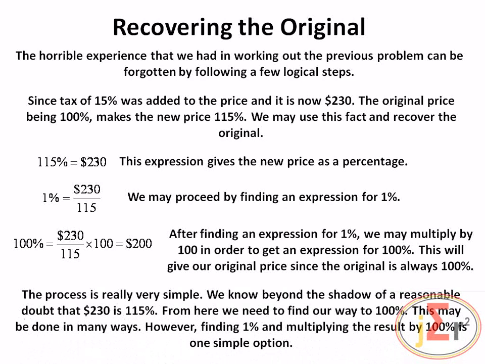We know beyond the shadow of a reasonable doubt that $230 is 115%. From here, we need to find our way to 100%. This may be done in many ways. However, finding 1% and multiplying the result by 100 is one simple option. It is logical and it is straightforward, and it can be used so that every single person can see where we are going to.